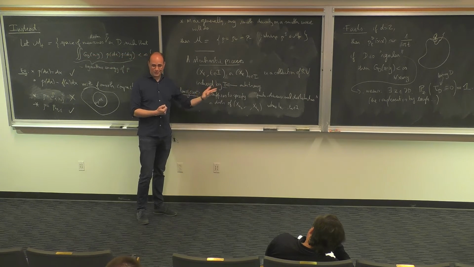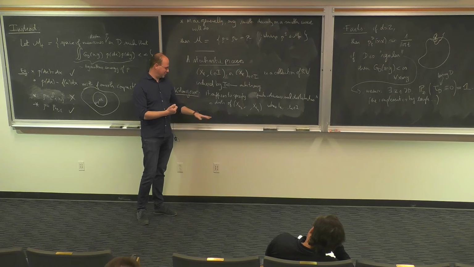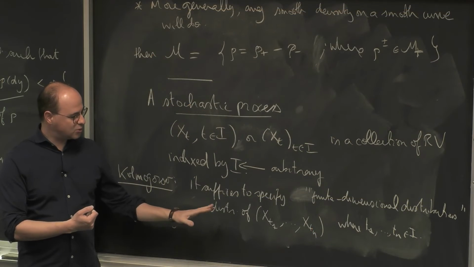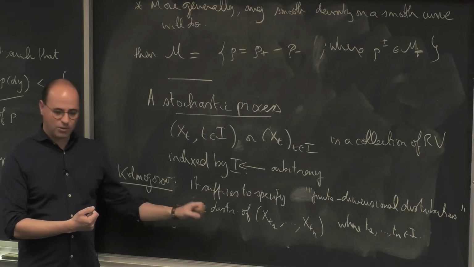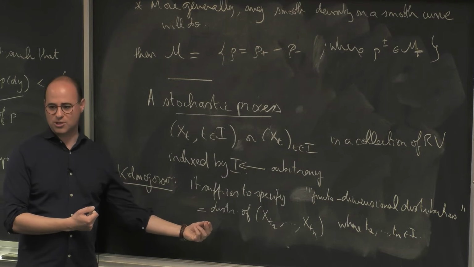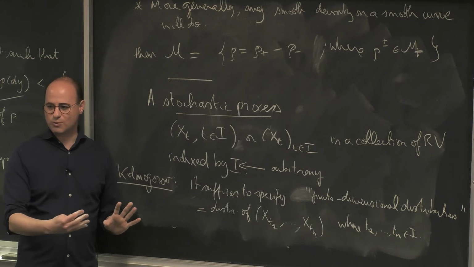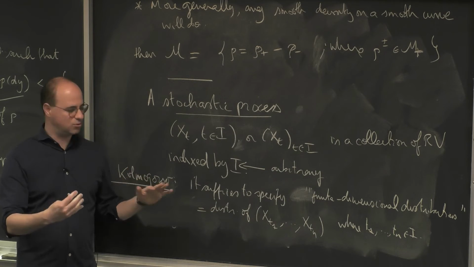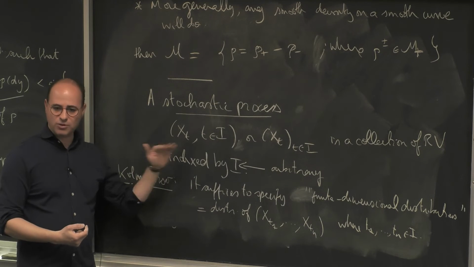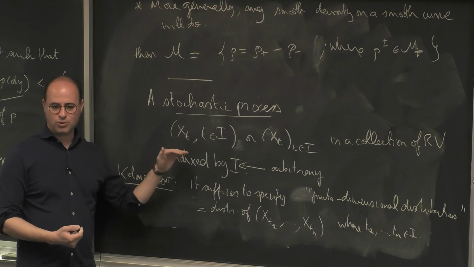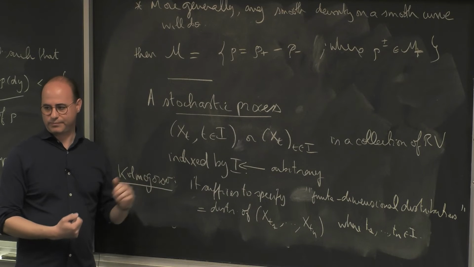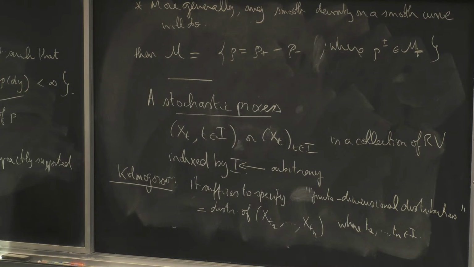Here it will have an incarnation that is very meaningful, I think. As soon as you specify these finite dimensional distributions in a way that is consistent with one another, the Kolmogorov extension theorem tells you there is a single law on all such stochastic processes that corresponds to these finite dimensional distributions.